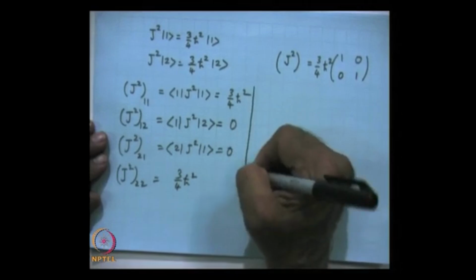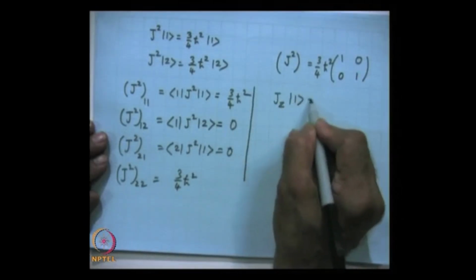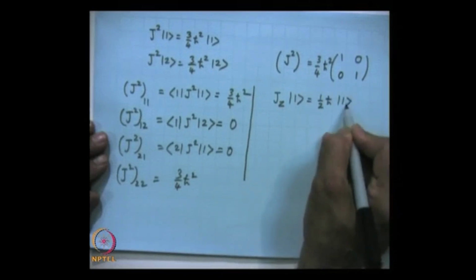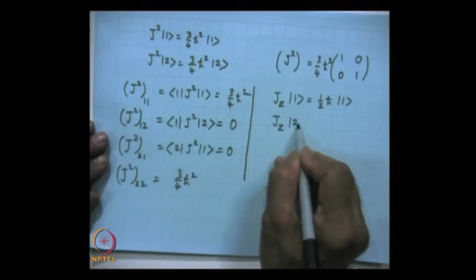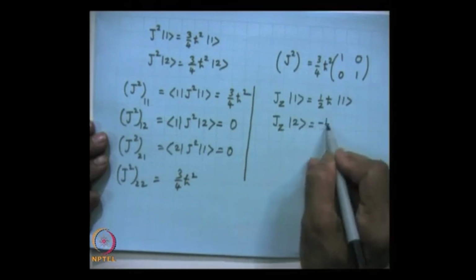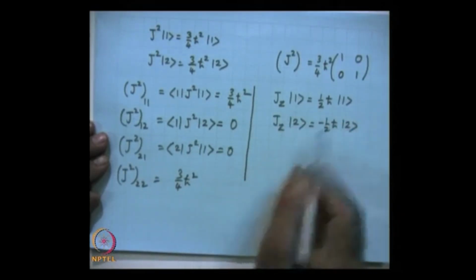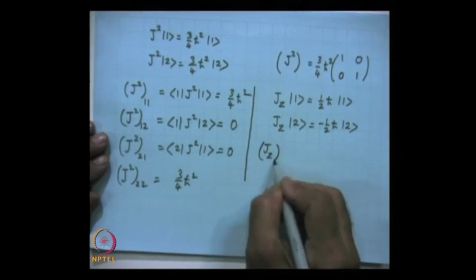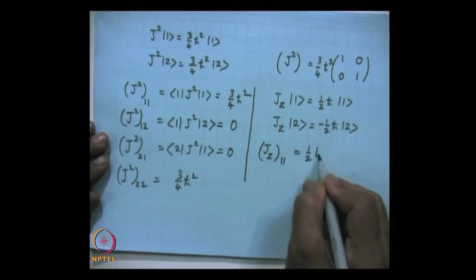Similarly, I have Jz ket 1 is equal to half h cross ket 1, because m value is half, and Jz ket 2 is equal to minus half h cross ket 2. So, again, since these are eigenkets, if we write Jz 1 1, this will be multiplied by bra 1, so this is half h cross.